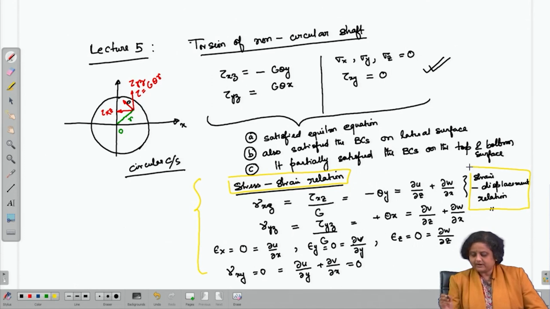Let me name these as equation 1, equation 2, equation 3 and equation 4.